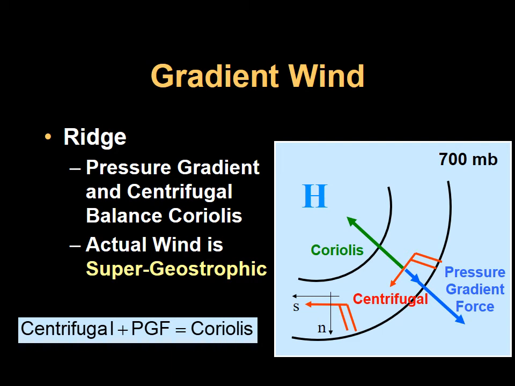And to do that, the wind has to be moving faster because Coriolis is a function of the Coriolis parameter and the strength of the wind. So the wind has to go faster around a ridge or around highs. And we say that the wind is faster than the geostrophic wind, or it's super geostrophic. So the gradient wind is super geostrophic around ridges, meaning it's moving faster than the geostrophic wind, and it's subgeostrophic around troughs.